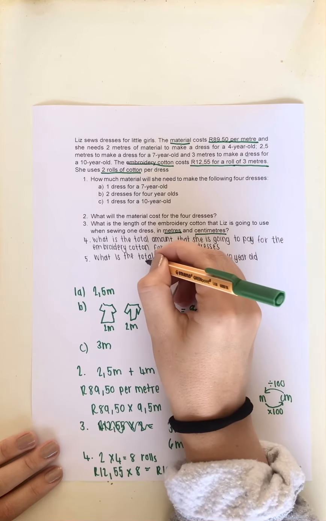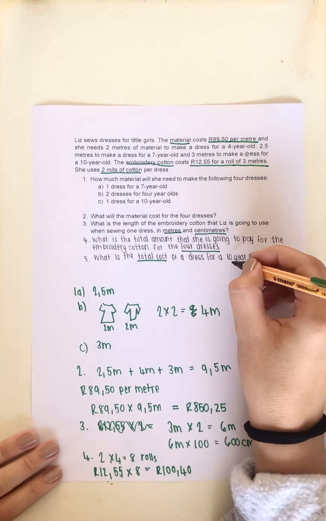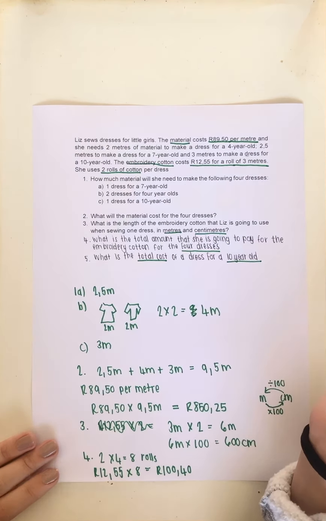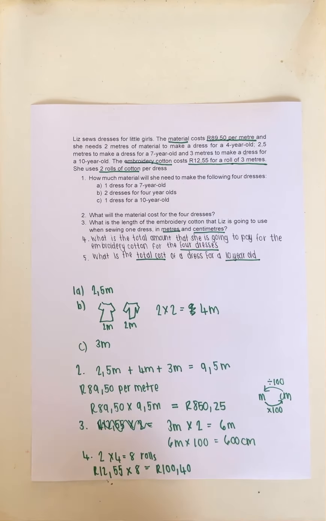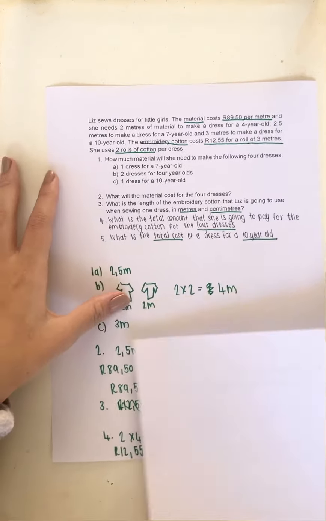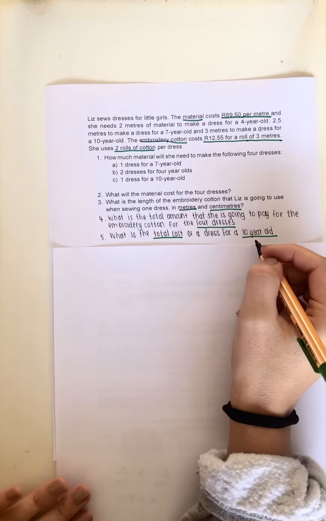Then, what is the total cost of a dress for a 10-year-old? I'm going to do it on another piece of paper because I'm running out of space. So, total cost for a 10-year-old.